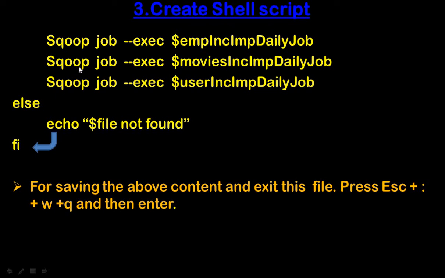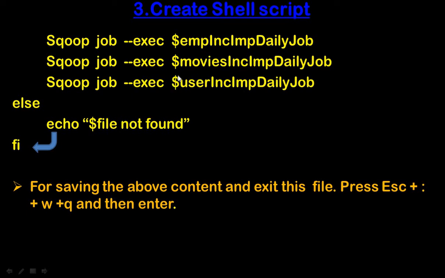And in the same way we can execute the second job, and this is the second shell script variable name, and here we are going to execute the third Sqoop job, and we write sqoop space job space double hyphen exec space the variable of the shell script.